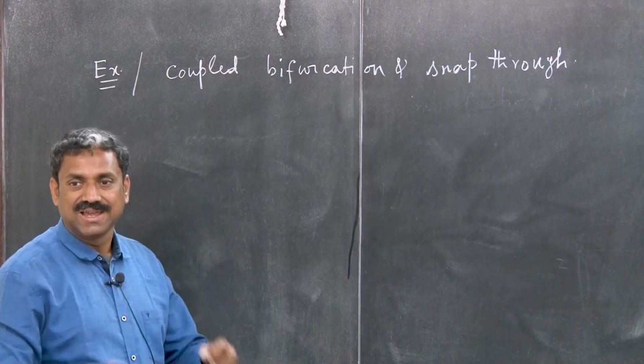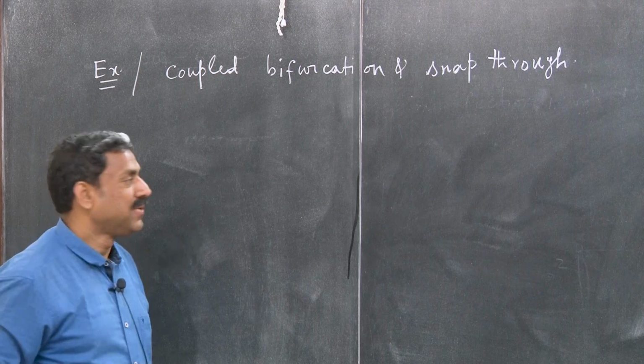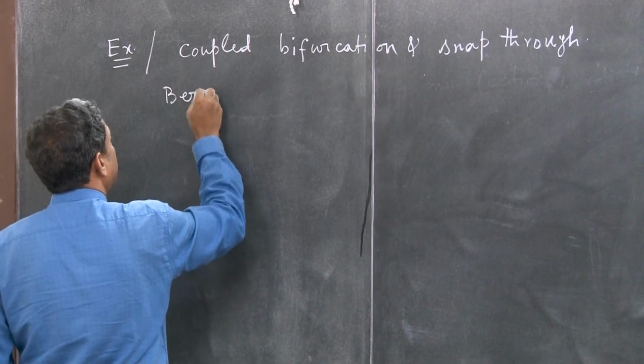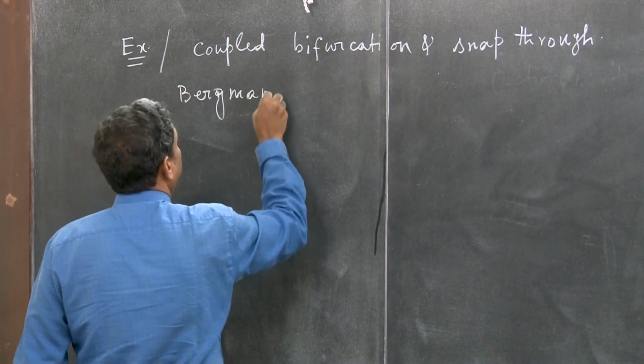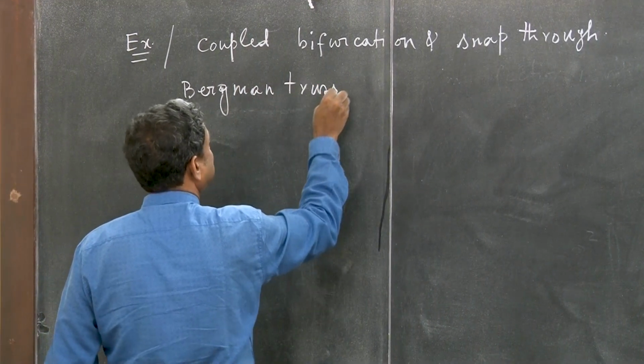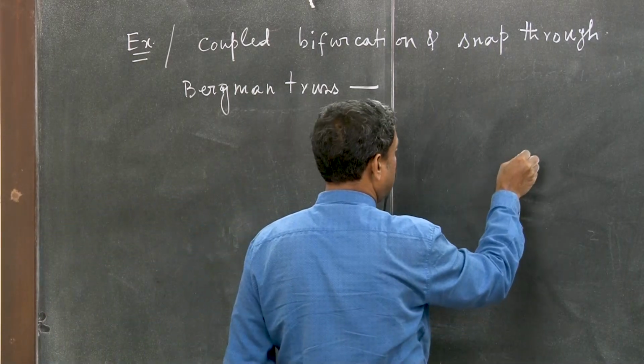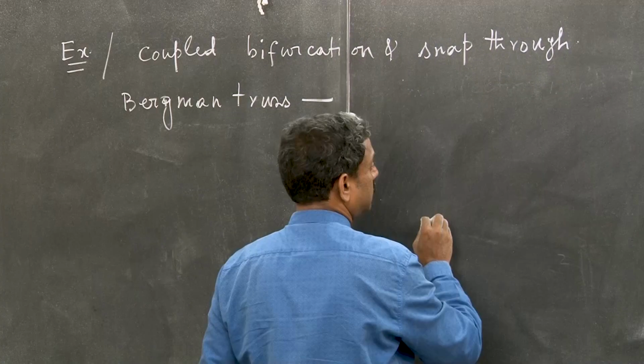So it is a combined thing, okay. This system is called the Bergan truss, like the von Mises truss. It is a combination, and it looks something like this.